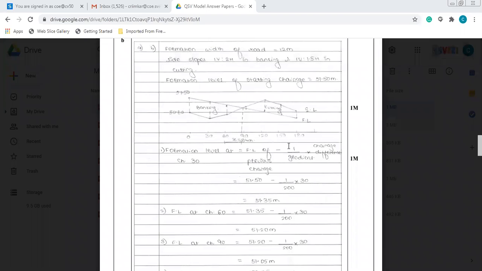So the problem is to find out the quantity of earthwork using the following data. Formation width of the road is given as 12 meters.